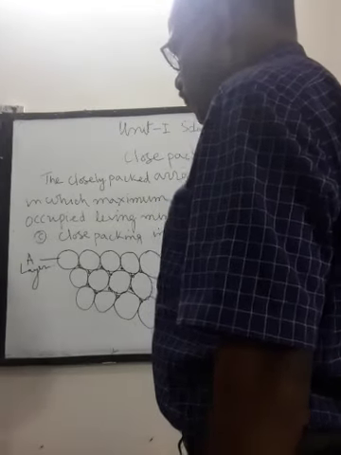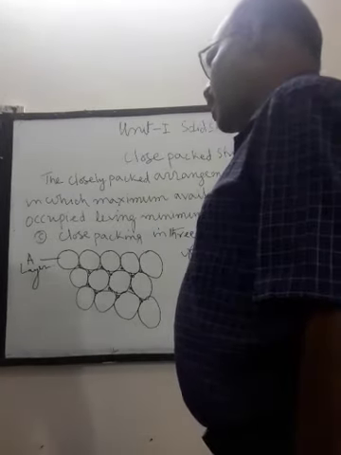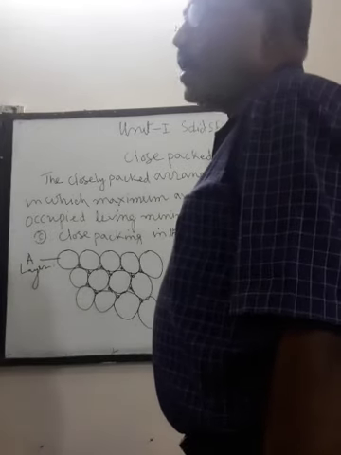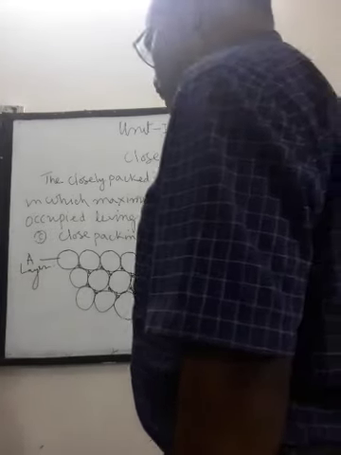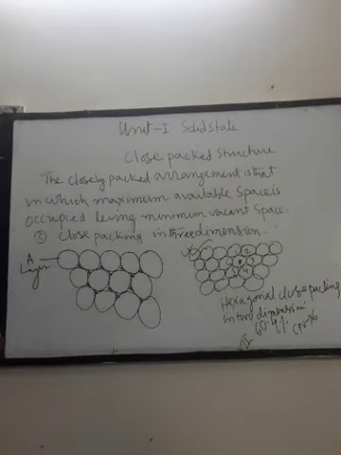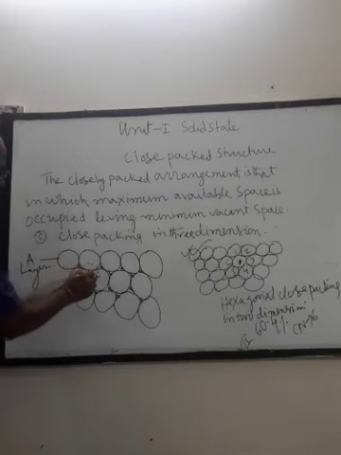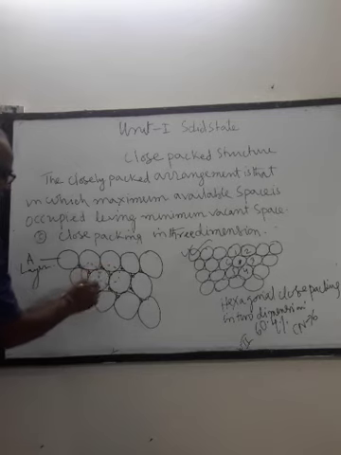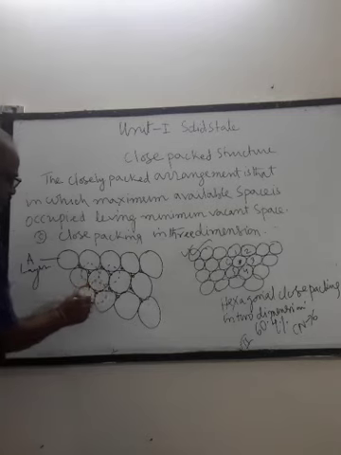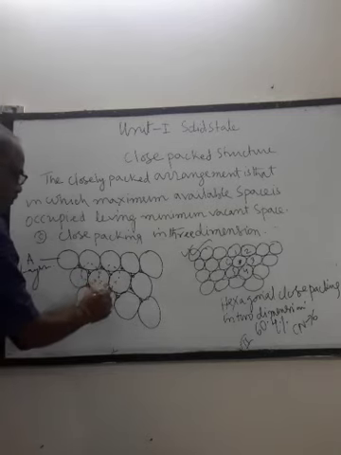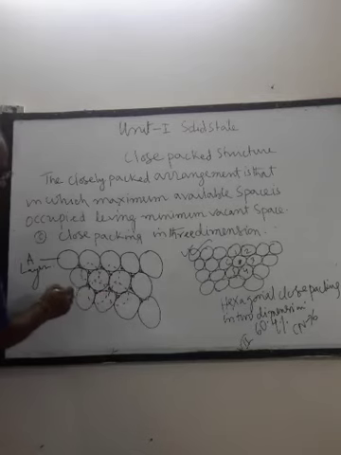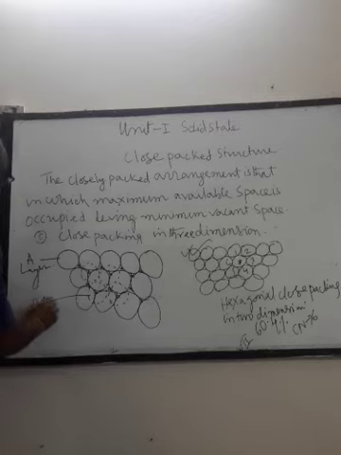That is, the second layer is placed over the first layer either in void A or in void B. Now let us place the second layer in void B. So this dotted line represents our second layer, which is called the B layer.